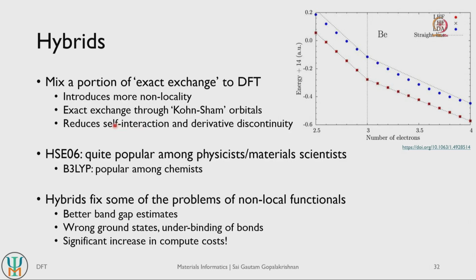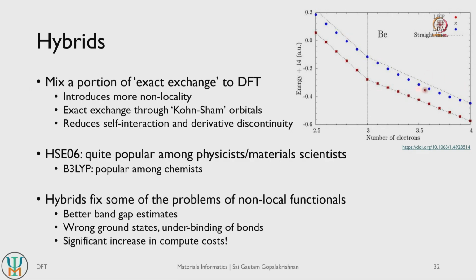And we see in practice that including exact exchange does reduce the amount of self interaction error that you have and mitigates the lack of derivative discontinuity in your semi-local functionals. This has also been shown in a simple calculation in a Beryllium system. You see that if you use LDA, you still get a fairly smooth function.